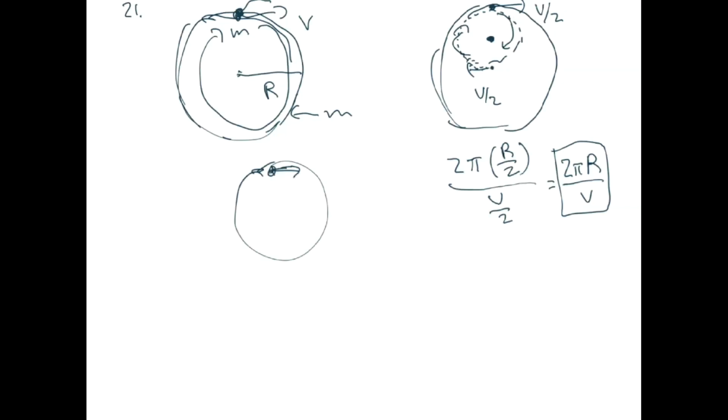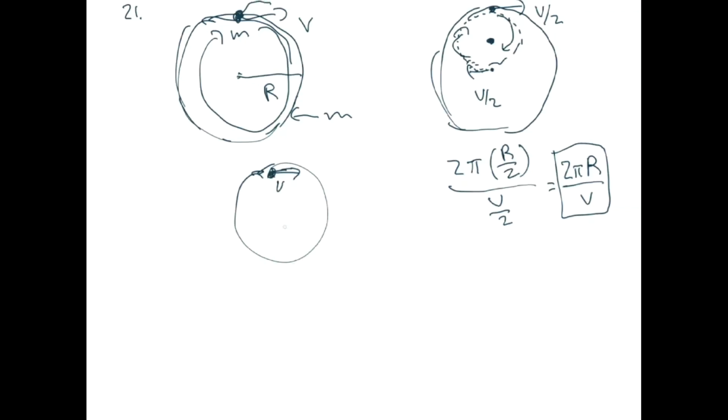So this mass always has a velocity of v relative to the ring. As it goes around this way in the ring's frame, it travels 2 pi r and its velocity is v. We get the same answer. So that's our answer.